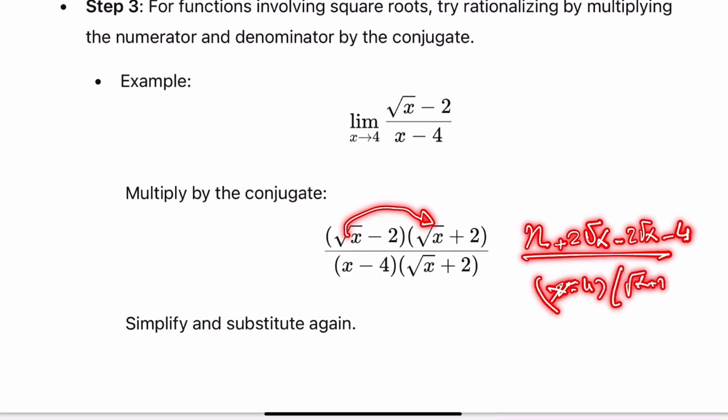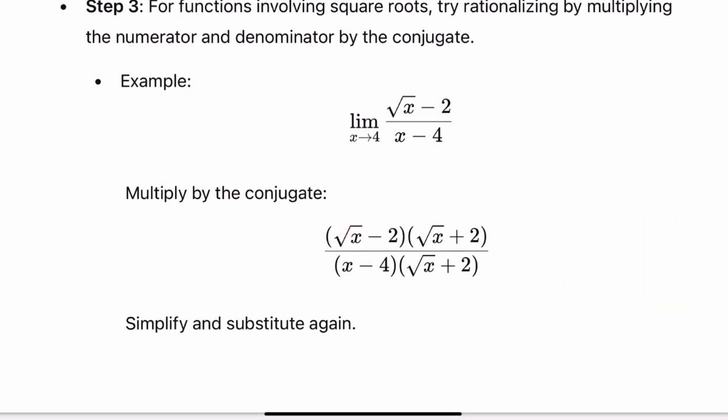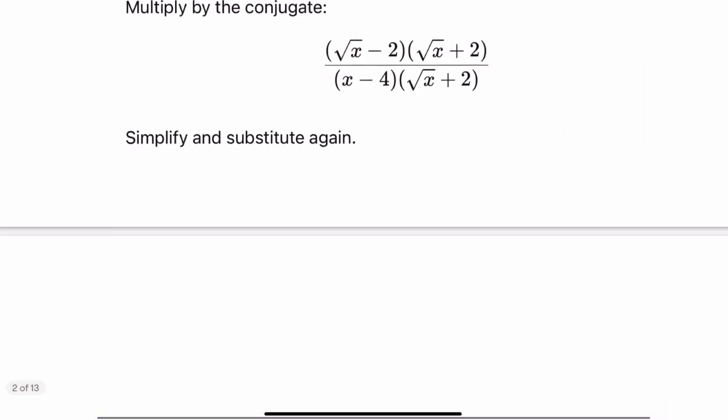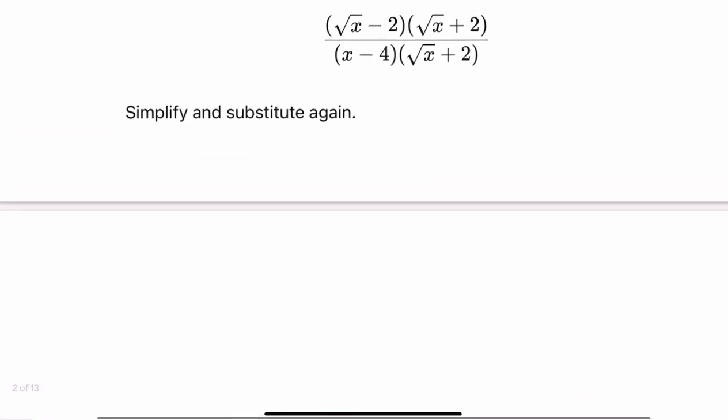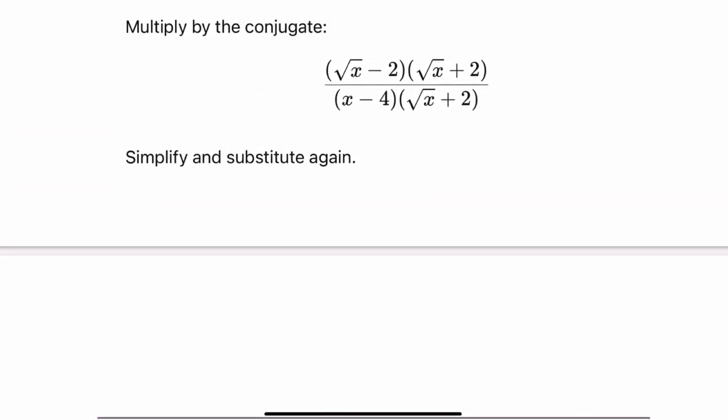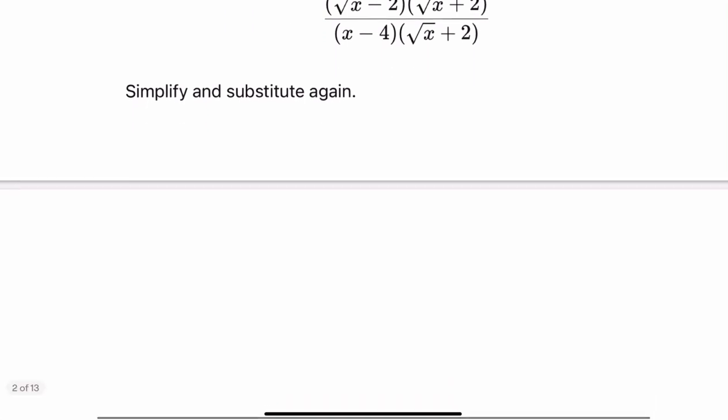The middle terms cancel by themselves, and we get x minus 4 at the top and x minus 4 at the bottom, and we will remove it. Then we can get our simplified form. They simplify the expression, and then we can use the substitution method.